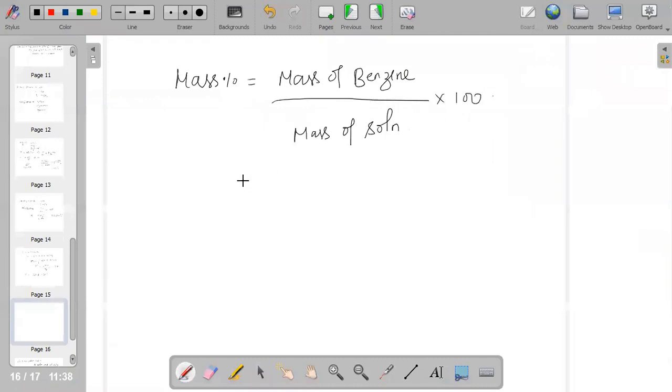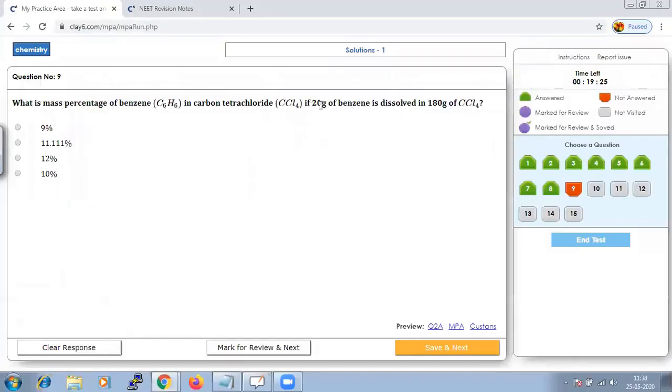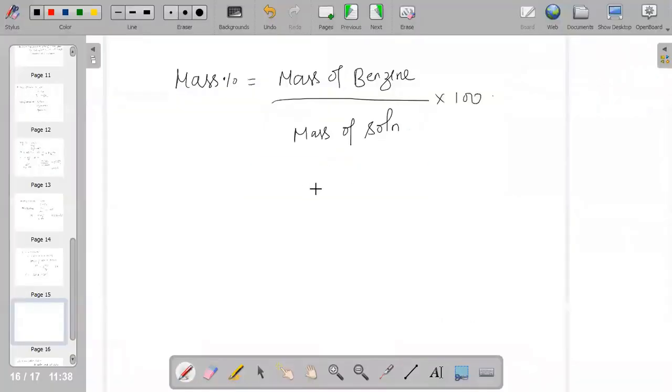So the mass of benzene, what they have given us, is 20 gram, and 180 gram of CCl4. But here I don't need only CCl4, I need the mass of the solution, which is a combination of your benzene as well as CCl4.